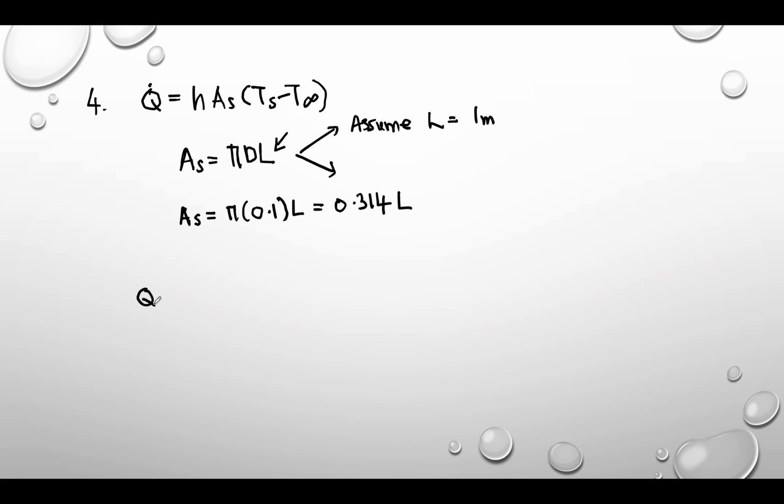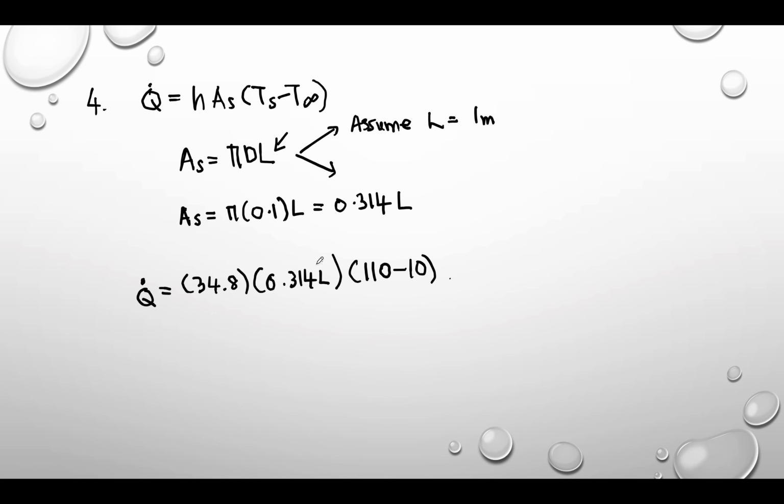Then I substitute into this equation to find Q equal to h, 34.8, times this value, 0.314 L, times 110 minus 10. This is T surface minus T infinity.